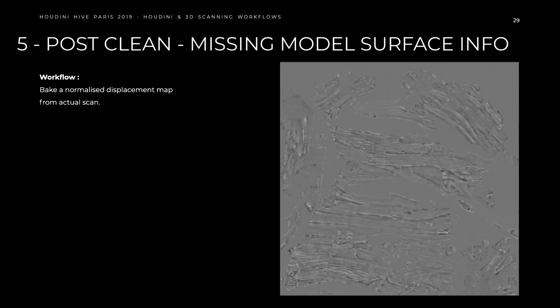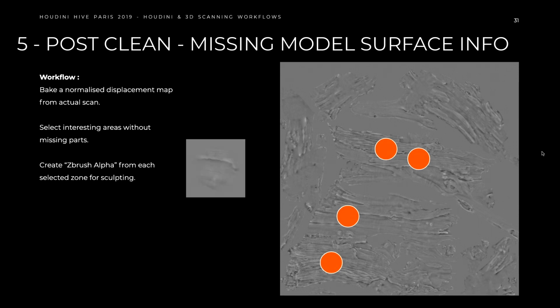So what you can do is bake a displacement map of the mesh that you have at the moment. Then you select interesting zones on this map, and using Photoshop or Nuke or whatever you want, you isolate each area and create a ZBrush alpha. It's just a small crop of this area fading on the side, and you will use that later for sculpting.